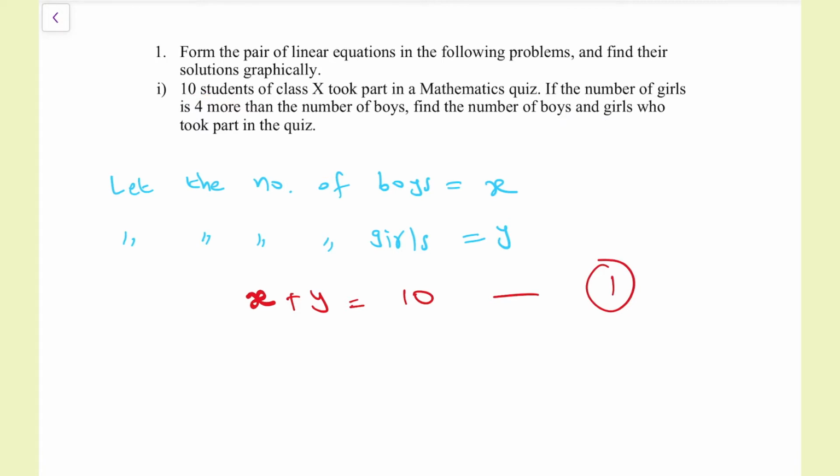Now let us read the second condition again. If the number of girls, girls we took as Y, is 4 more, plus 4, than the number of boys. Boys are X in number, so Y equals X plus 4.